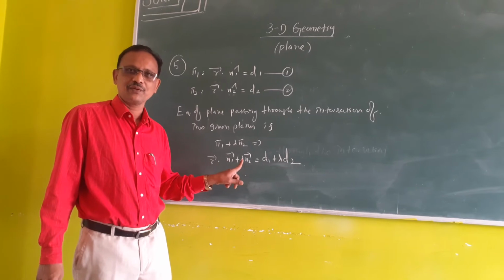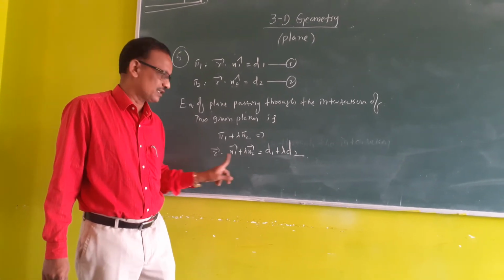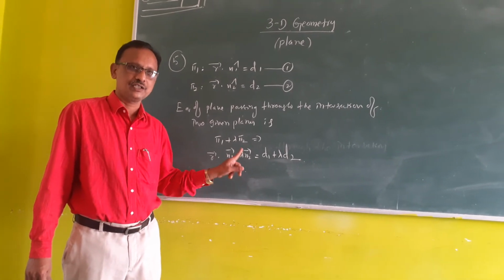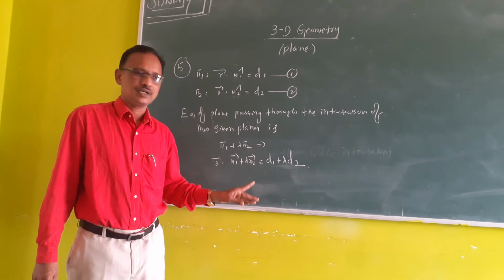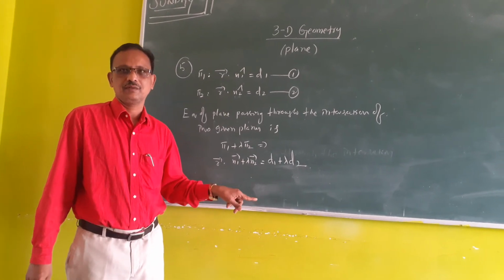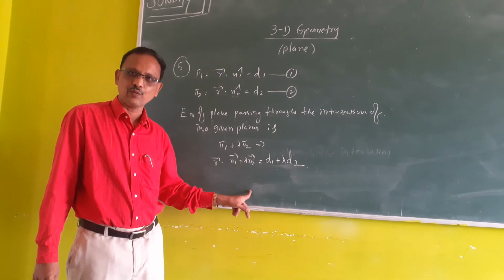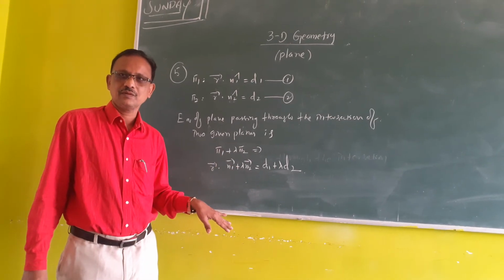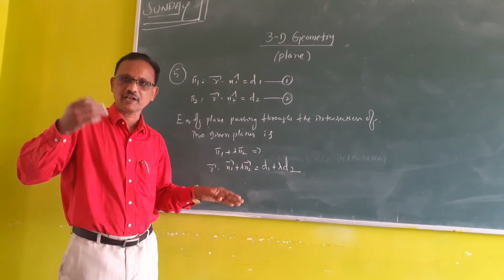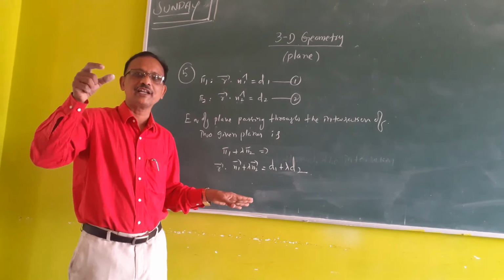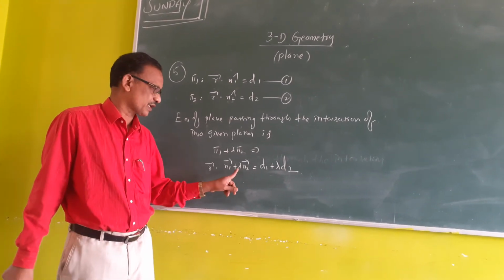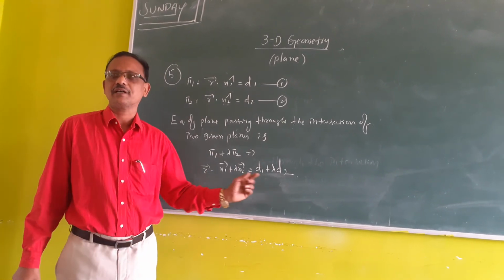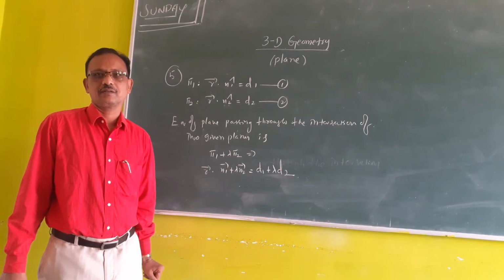For different values of lambda, this equation gives the equations of different planes. If we take lambda equal to 1, this gives one plane. Lambda equal to 2 gives another plane. So what plane do we require? Some condition must be given. By using that condition, we find lambda, and after finding lambda, we replace it in this equation. Then we get the required plane equation.